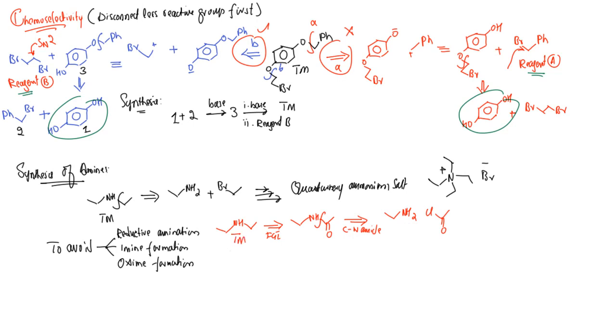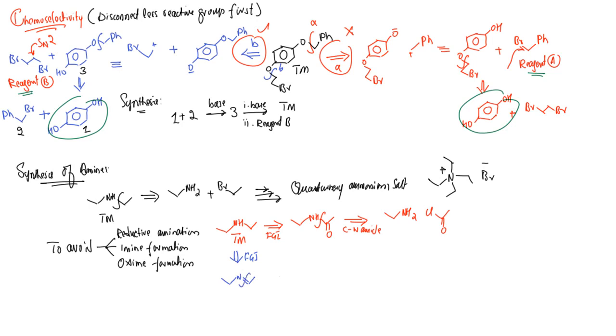As far as imine formation is concerned, let me follow route B by making again functional group interconversion. Nitrogen, double bond here, this is an imine functionality.